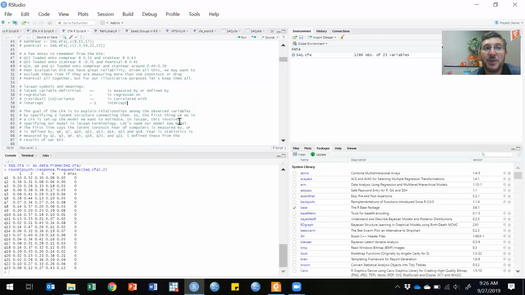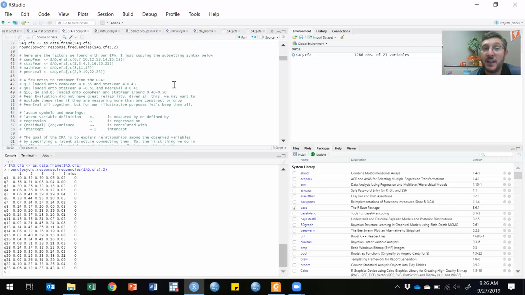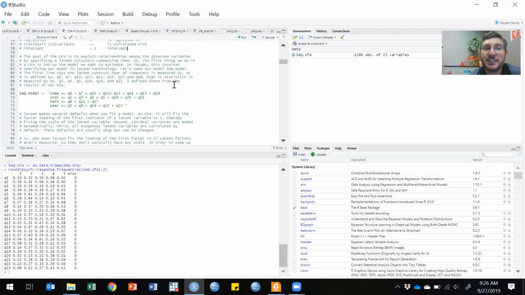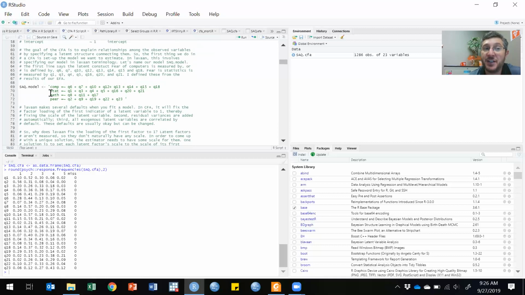Remember, that's the same thing we found in the EFA. That's how I'm defining these. I'll say stats fear is measured by question 1, 3, 4, 5, 16, 20, 21, and so on. So you kind of get how we define these.